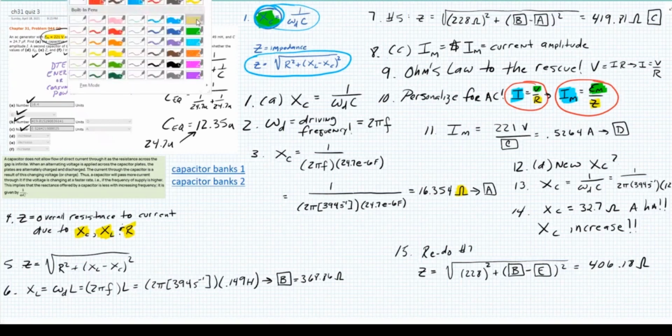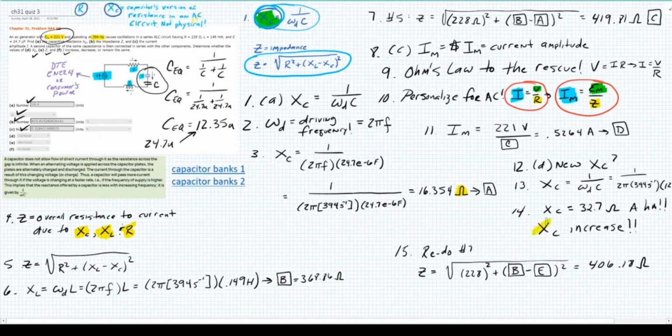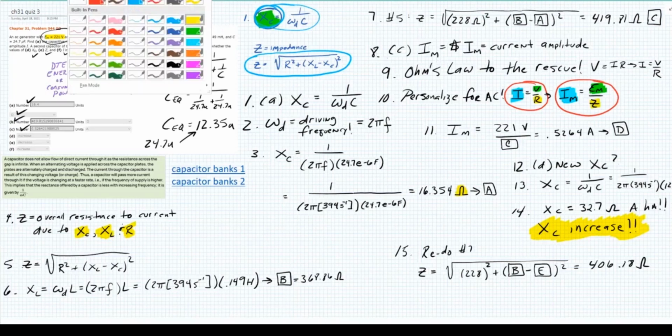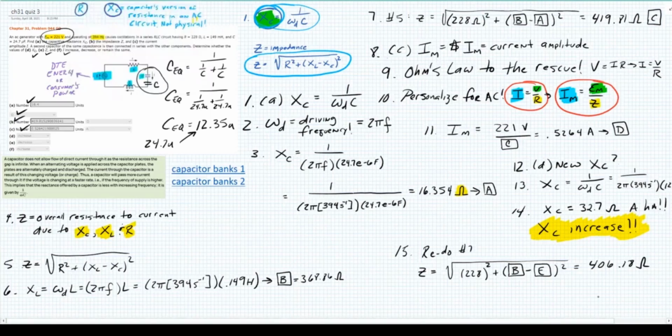So we need to talk about this. My capacitive reactance increases. So that's now less friendly to current flow. But my overall impedance decreases, which sounds weird. How the heck?